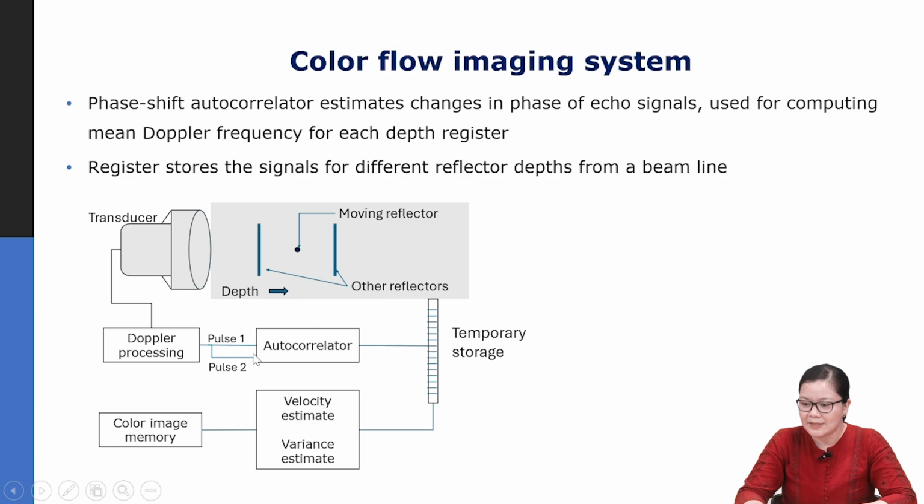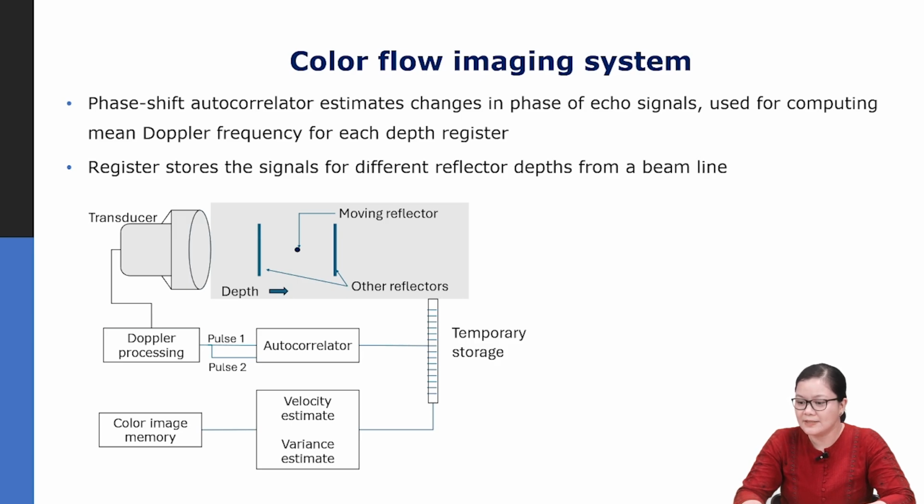What's going to happen here is that the signals will then go into an autocorrelator. It's a phase shift autocorrelator, which estimates the changes in the phase between the echo signals. This is useful for computing the mean Doppler frequency and the velocity at each depth within that axial location.